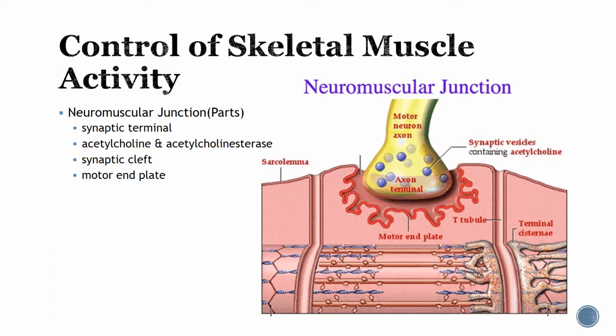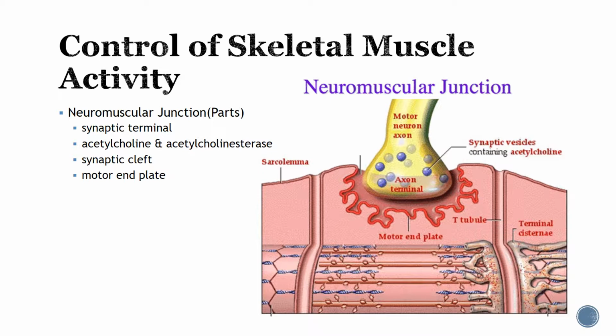Control of skeletal muscle activity. In the skeletal muscle, you have neuromuscular junctions. In this, you have synaptic terminals, which is also, as seen in this picture, known as the axon terminal. And you have acetylcholine and acetylcholinesterase.